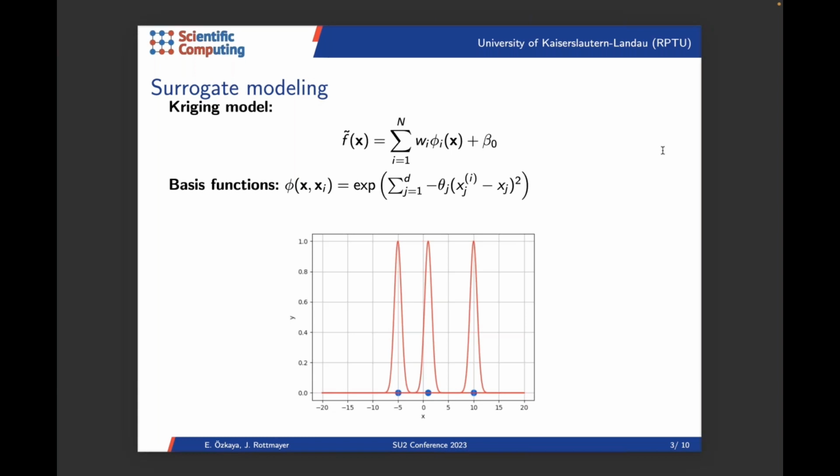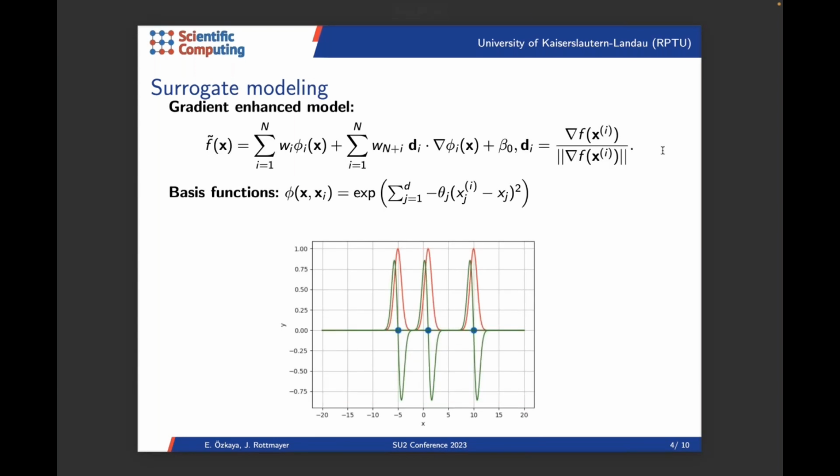Well, the idea then is how you can use the adjoint or tangent linear code, like you have in SU2, to increase the model accuracy and to get at least some local optimization character around the sample, close to a sample.